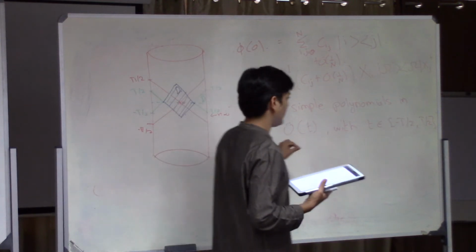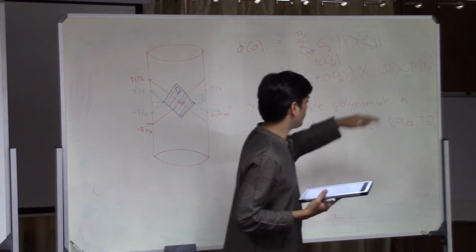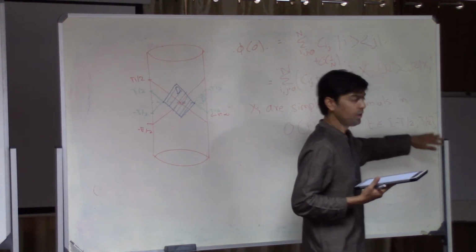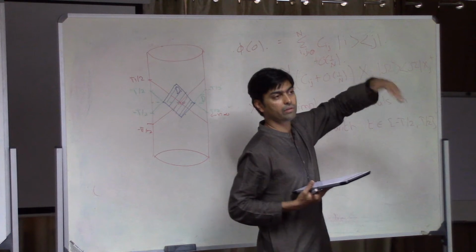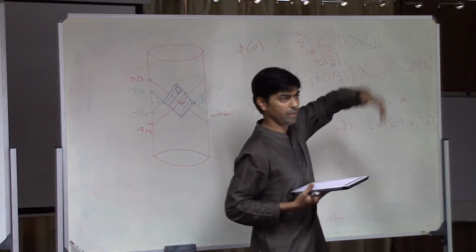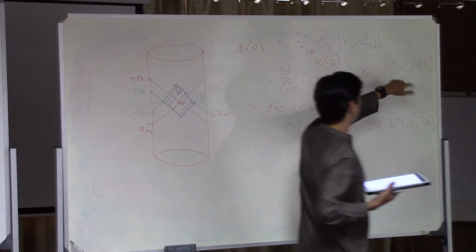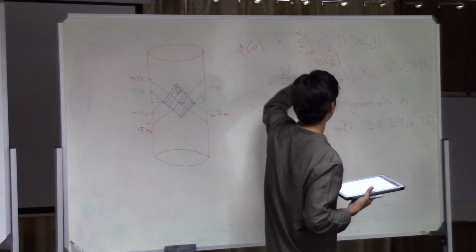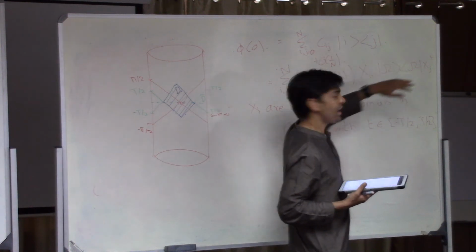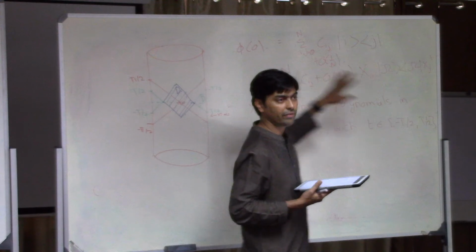But the theorem we proved is that there exists a function f_n of t that has support only on minus T by 2 to T by 2, so that when you smear the operator O with it, you can create the same single particle state that you would have created by acting on the larger band. And so these xi's are simple polynomials, because the only states that appear here are single particle, multi-particle, and higher particle states, but we've cut off the energy of states at n. So n particle states never appear, and therefore these xi's are all polynomials which involve less than n insertions.